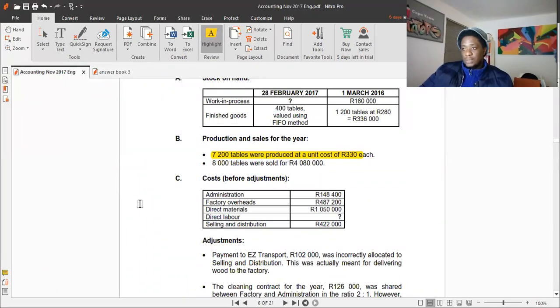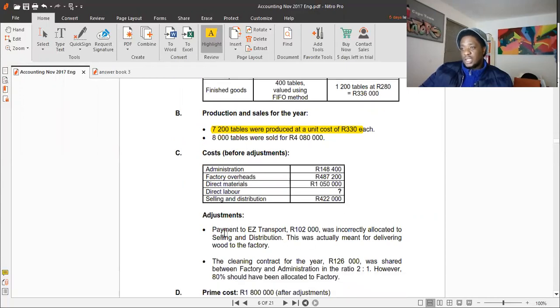For the direct material cost, they say costs before adjustments. So you have the direct material cost here of 1,050,000, and then let's read the adjustments. Payment to Ease Transport for 102,000 was incorrectly allocated to selling and distribution. This was meant for delivering the wood to the factory.